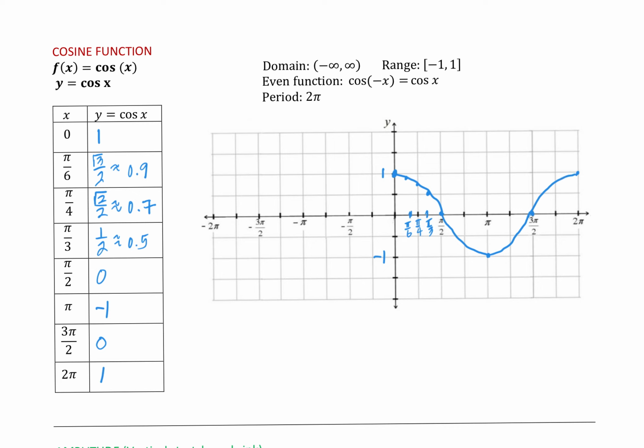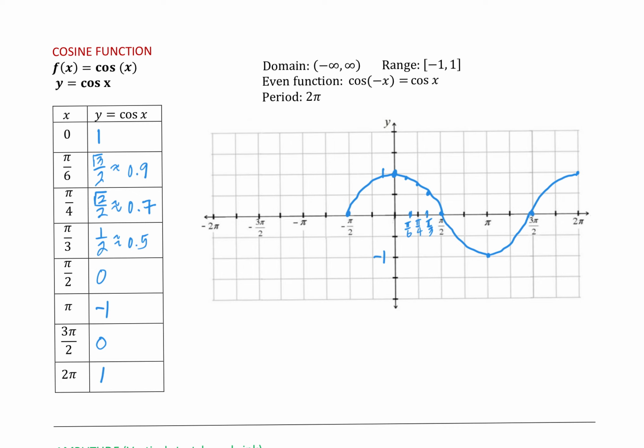Cosine and sine have the same graph, they're just shifted. Imagine if we were to take this cosine graph and shift it over pi over 2 to the right, we would actually be looking at our sine graph. Now if we go in the opposite direction, the negative pi over 2 corresponds to 3 pi over 2, cosine is 0. So we're coming back down.